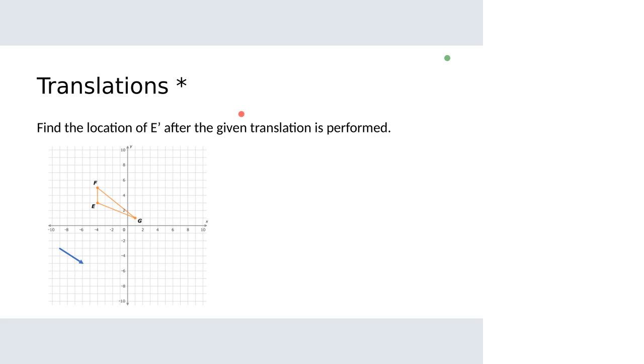It's -4 in the horizontal direction. That's the X that goes first. And then it's up 3 spaces in the Y direction. So -4, 3 would be the location of point E when this starts out. Point G would be at the point 1, 1, because it's 1 in the horizontal direction and 1 in the vertical direction.